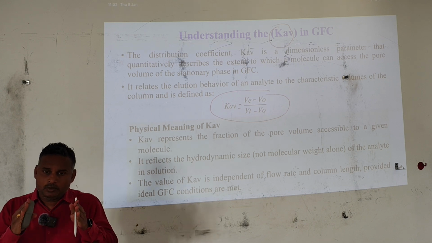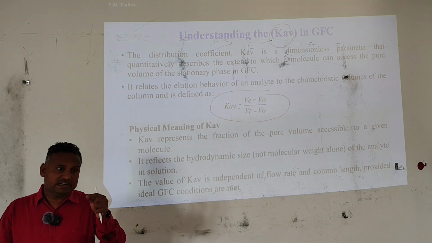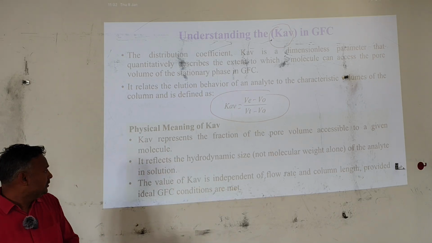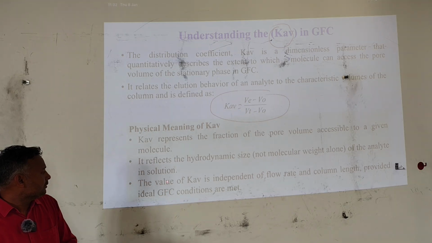If we maintain ideal gel filtration chromatographic conditions, the KAV is independent of flow rate and column length, and it provides the value of the distribution constant.